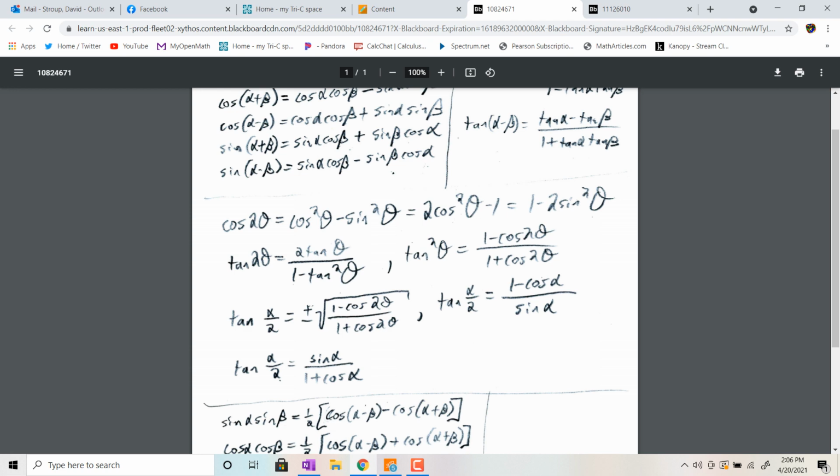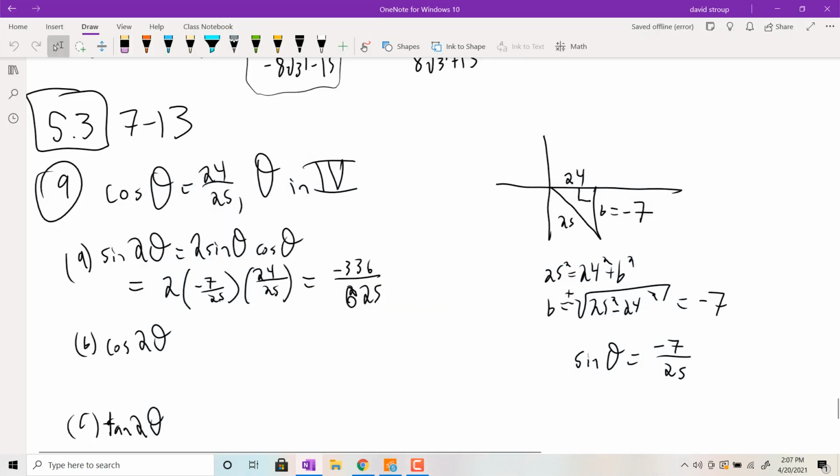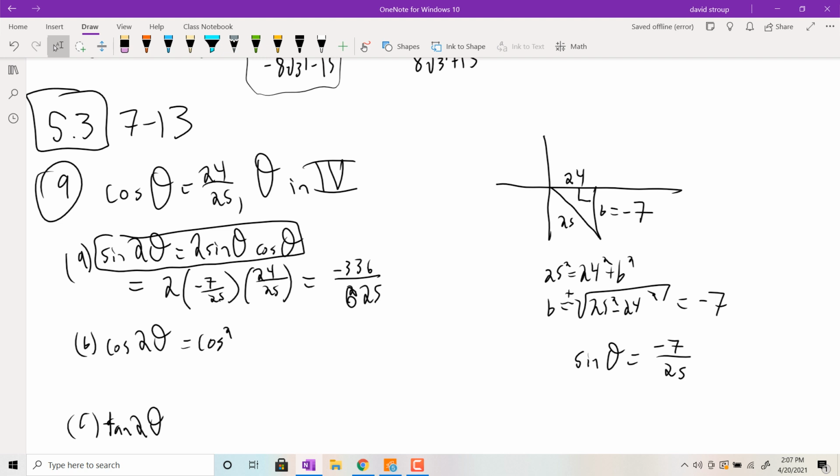Where are you? So cosine 2 theta is cosine squared minus sine squared. That's one we don't have. You have to know this one. This one has to be memorized. This other one, no. And sine squared theta. So what is this going to be? It'll be 24/25 squared minus negative 7 over 25 squared.